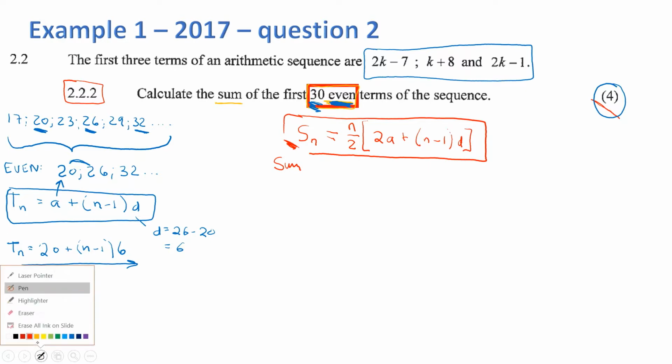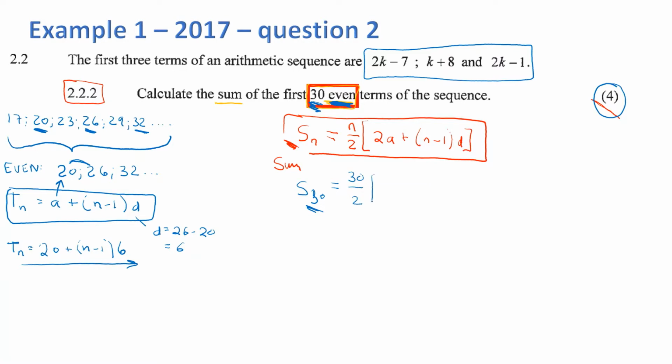So the last thing we need to do is plug in our numbers. So S30, sorry, not 15, 30, equals, now n is 30, so this is 30 divided by 2, and we've got 2 times a, and a was 20 in the sequence, plus 30 minus 1, and we know d is 6.